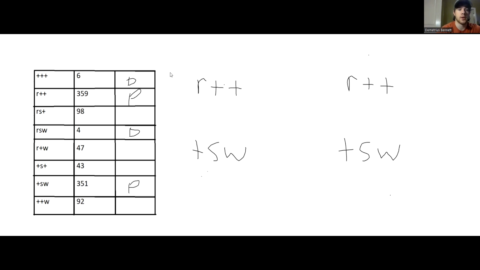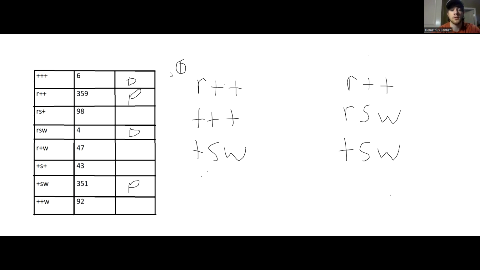The first one we have was plus, plus, plus, and then R S W. Looking at this first one, what we're looking at is the difference between the parental and that double crossover.